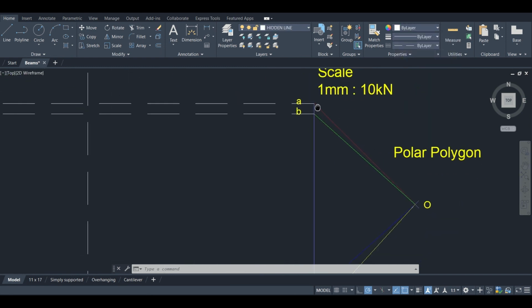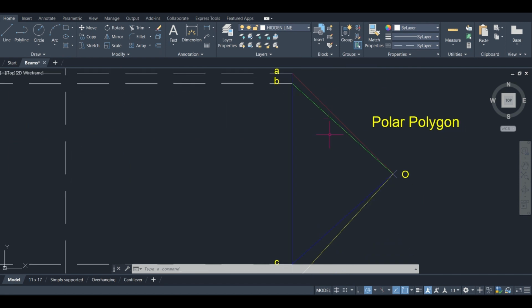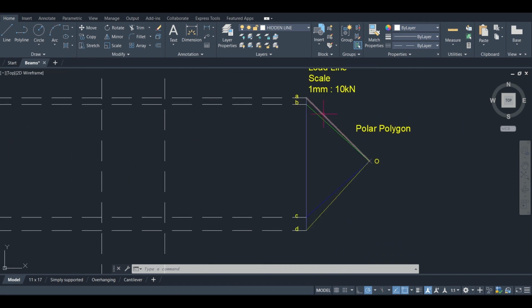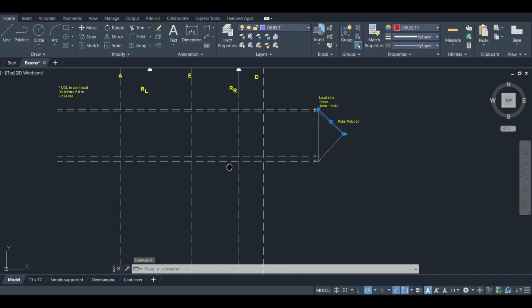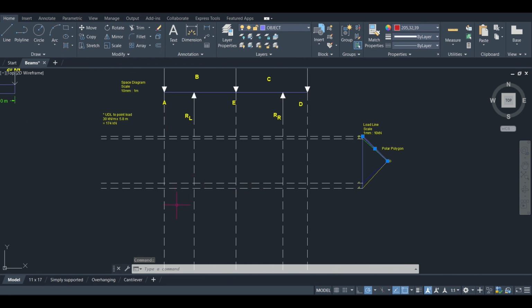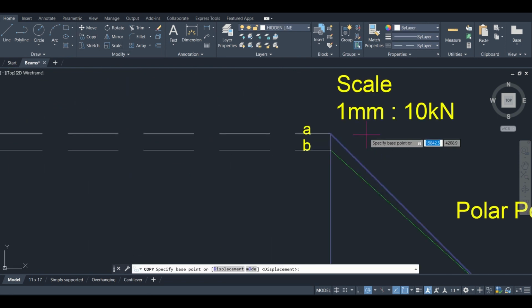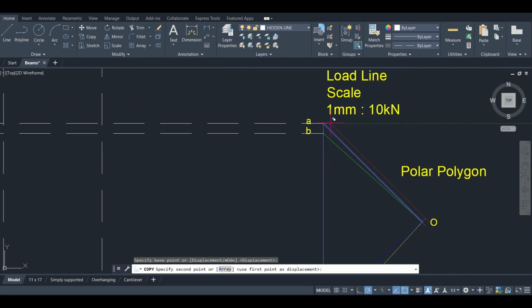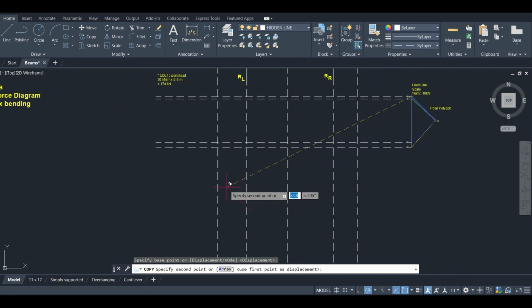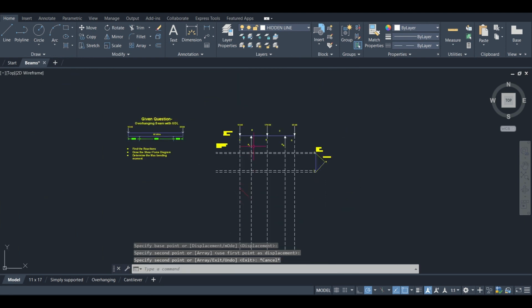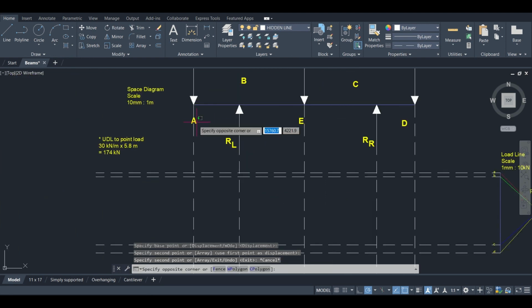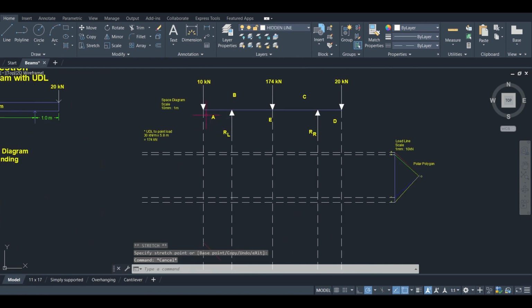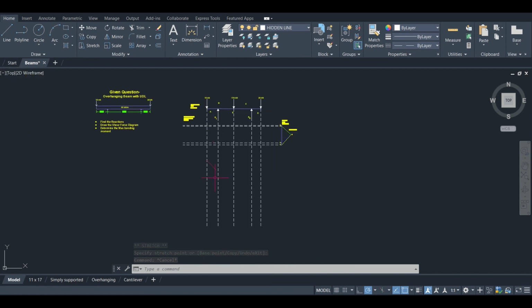So again, remember, each member from the polar polygon should be copied and fit within the space that represents that letter. So I have here AO, and it's going to fit within the space that represents A. And remember, let me just shift this a little. A is represented between these two loads.